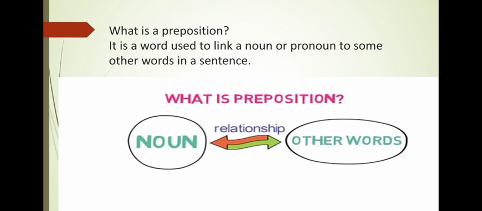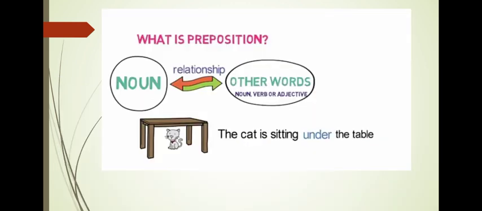The other words may be a noun, verb, or adjective. As you can see in the picture, this shows the relationship between the noun and the other words in a sentence.